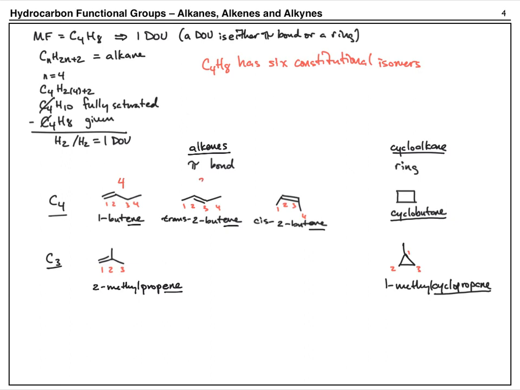Trans 2-butene has 2 unique types of carbon, as does cis 2-butene. 2-methylpropene has 3 unique types of carbon. Cyclobutane has 1 unique type of carbon. And 1-methylcyclopropane has 3 unique types of carbon.